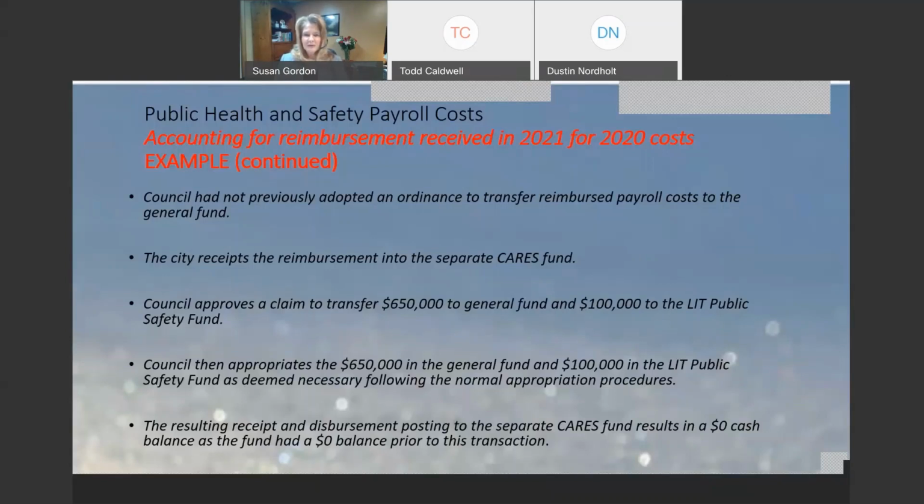And that's because the council did not have an ordinance transferring it all to the general fund. Council is then going to appropriate the $650,000 in the general fund and $100,000 in the LIT public safety fund when deemed that necessary, following the normal appropriation procedures, but the money cannot be spent without appropriation. And then the CARES grant fund will have a zero balance. So again, this is being treated much like a correction of error from a prior year.